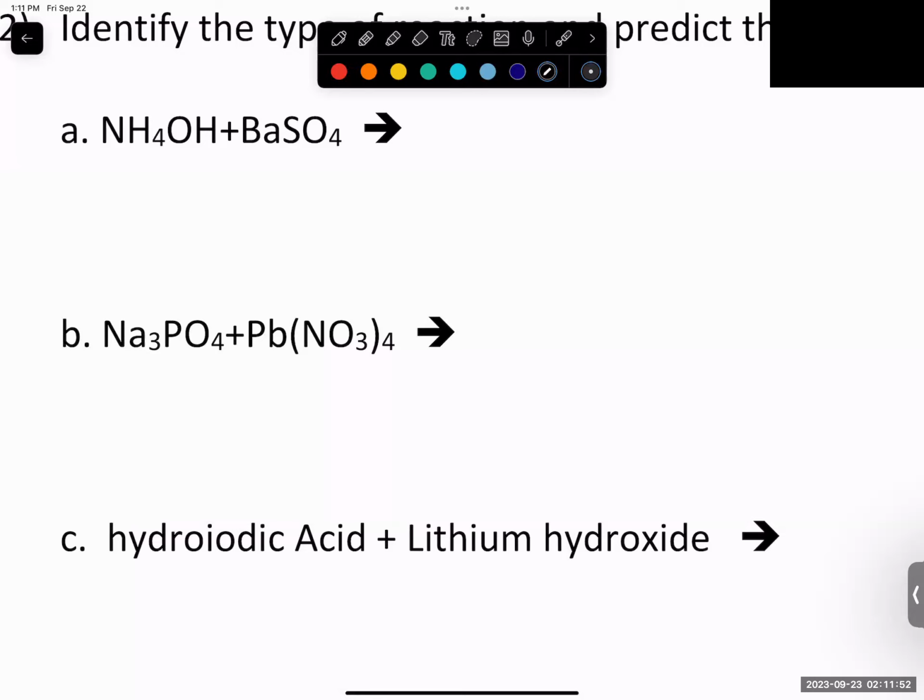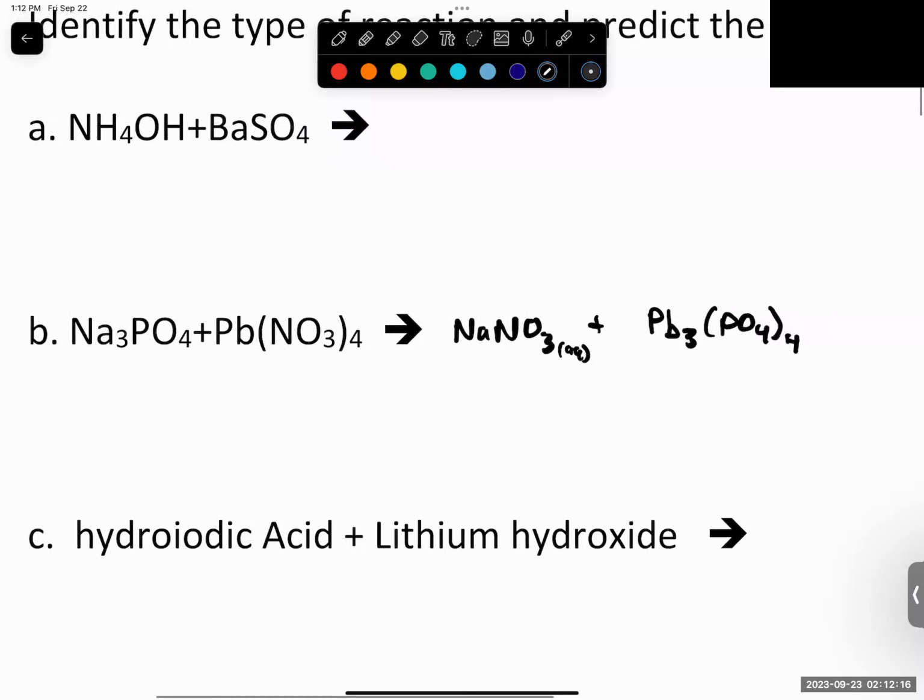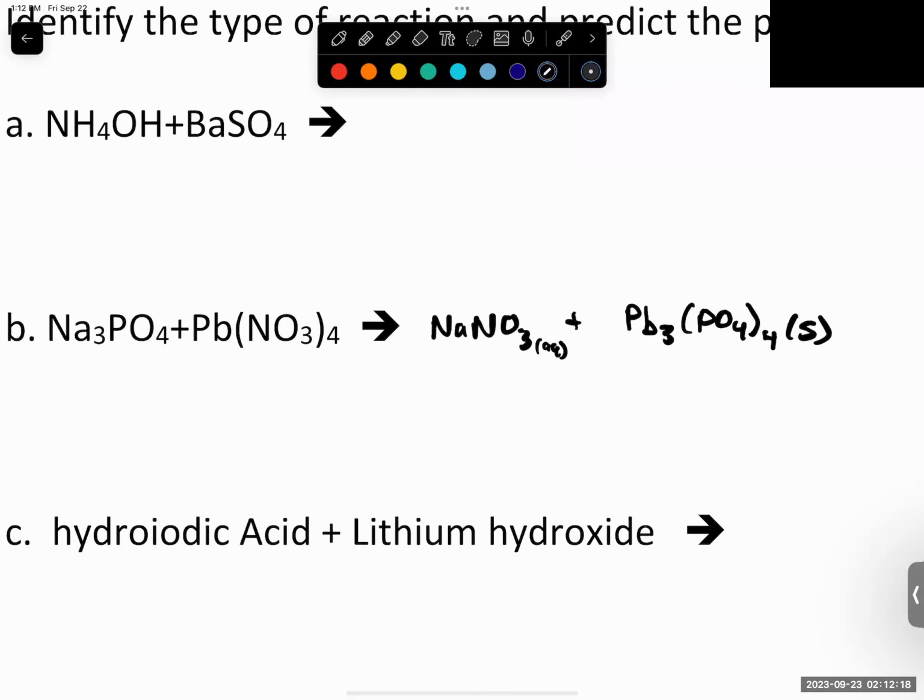All right, what are the products, David? The sodium nitrate. What's the precipitate? Phosphate. The precipitate is lead. So would you say this is a single displacement reaction, a combustion reaction? Yeah, so it's a precipitation reaction because we produce an insoluble salt product.